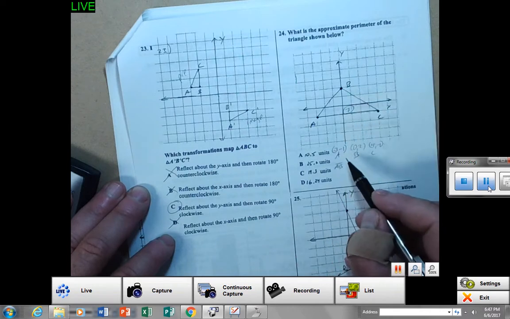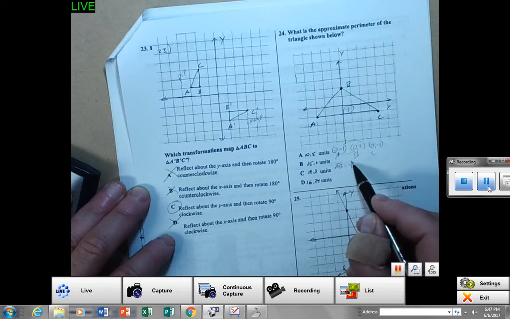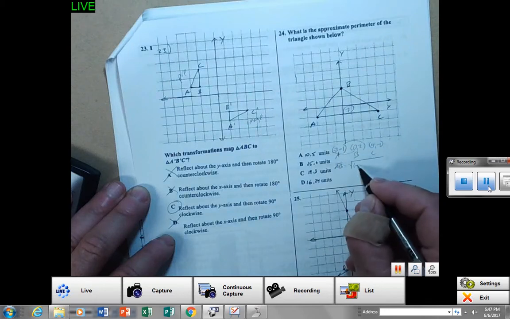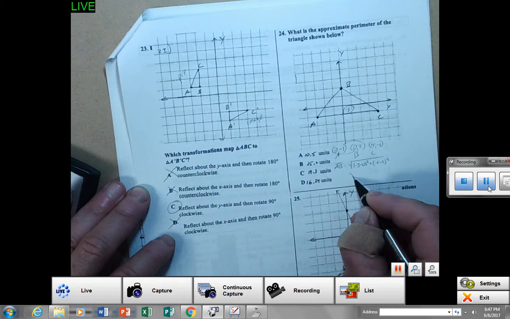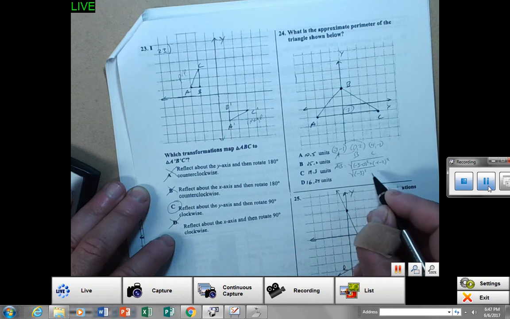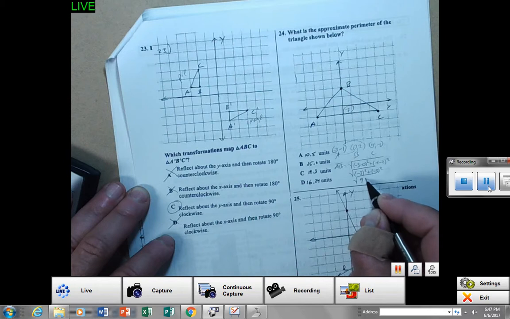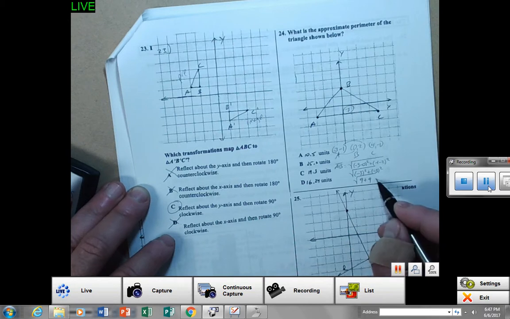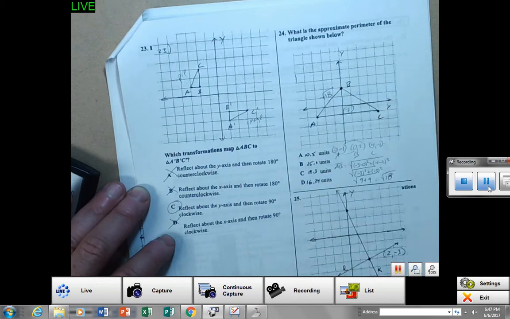So that would be subtracting my x's, subtracting my y's, using the distance formula. That gives me -3 minus 0 squared plus -1 minus 2 squared. Gives me the square root of -3 squared plus another -3 squared. Square root of 9 plus 9 is the square root of 18. That is the length of AB right there.